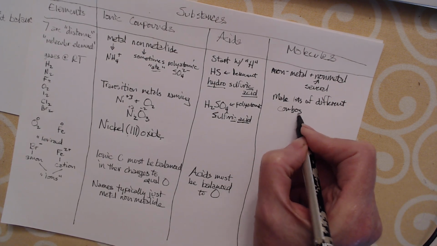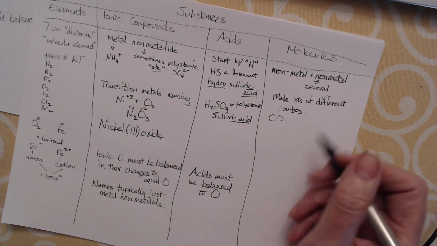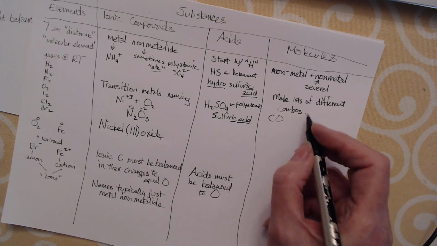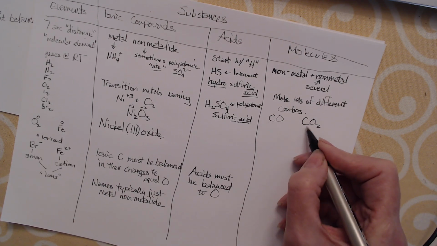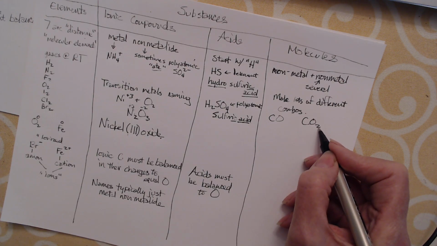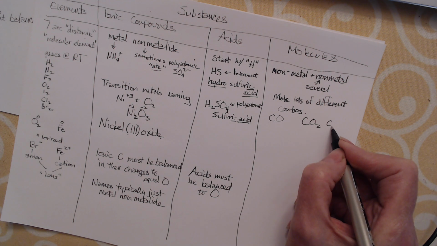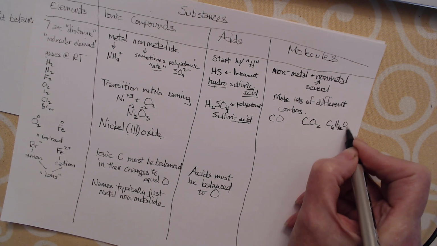And we have no way intuitively, if I tell you that I've got carbon and oxygen and they're in a compound, I need to explicitly tell you what compound it is, because it could be carbon monoxide, it could be carbon dioxide, or it could be a sugar that also has something else involved, C6H12O6, all right?